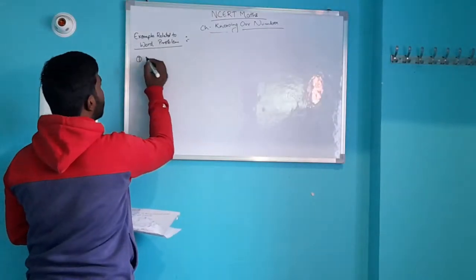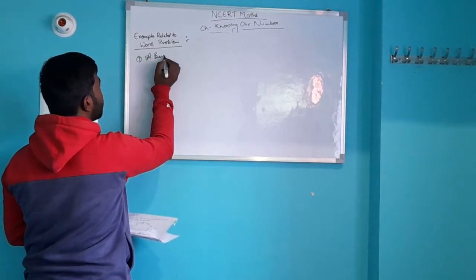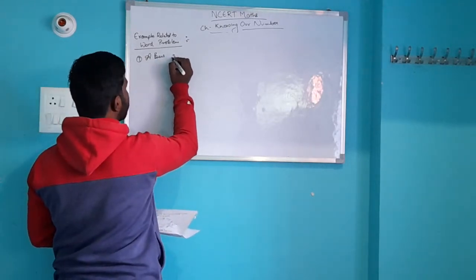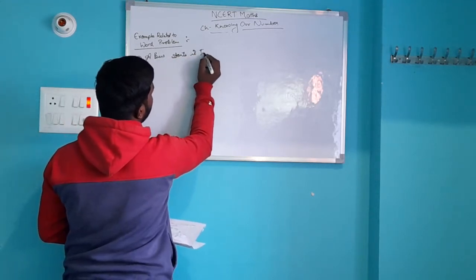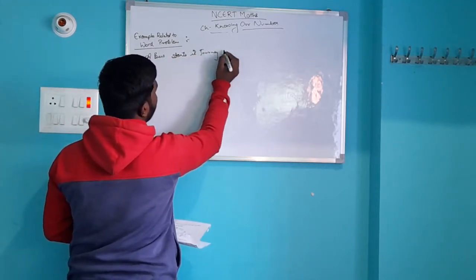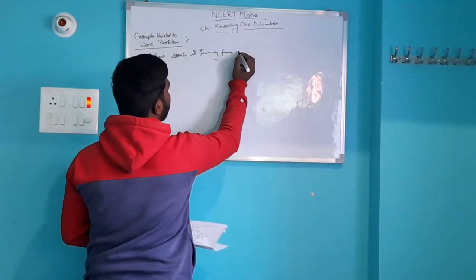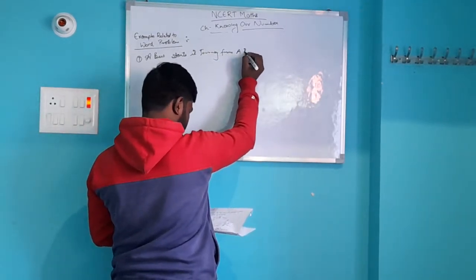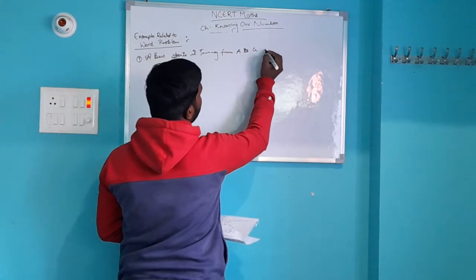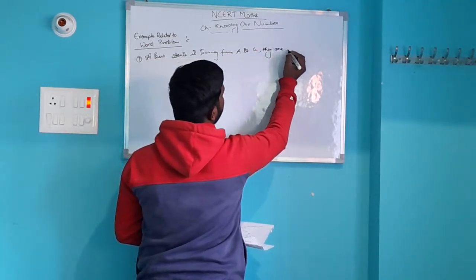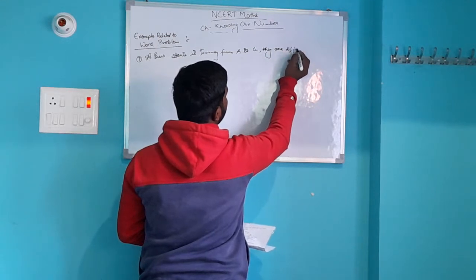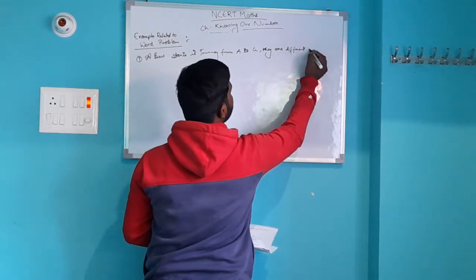So our first example is a bus that travels. The bus starts its journey from A to G. They are different places.